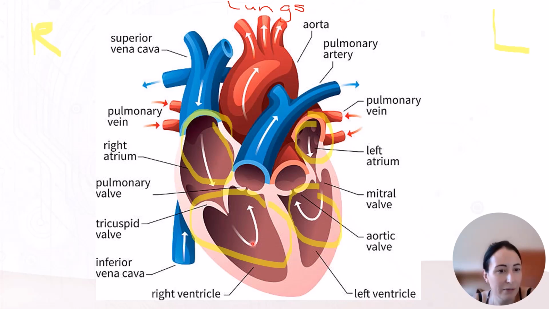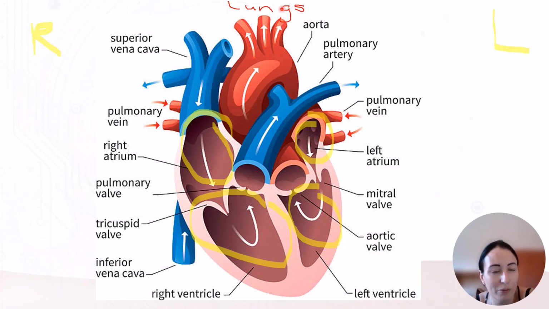It leaves the right ventricle through the pulmonary valve and moves in the pulmonary artery towards the lungs. Okay, now the blood is deoxygenated. It needs to get oxygen, so it drops off its carbon dioxide in the lungs. We breathe out the carbon dioxide, we breathe in the oxygen, then the blood becomes oxygenated again.